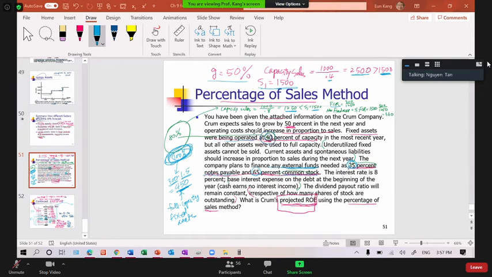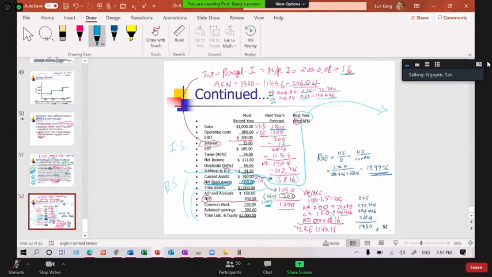Professor, what I don't get is the interest, like the 16. So you use the 200 of the last year to calculate the interest for the next year? Why don't you use the 8% times the new notes payable, like the 72.394, instead of using 200? Oh, 72.394 is how to finance AFN, right?